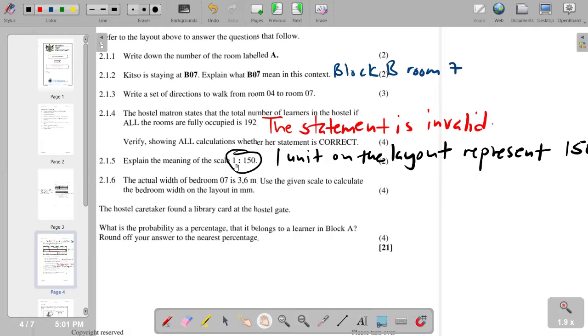So the one that we want the representation for is 1. So of course, we are going to divide 3.6 meters by 150. If you calculate that, you are going to get your answer.